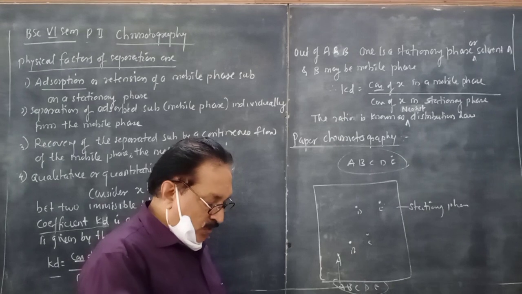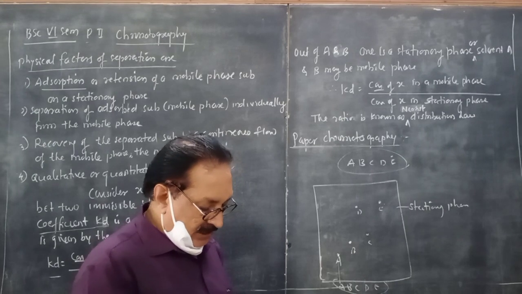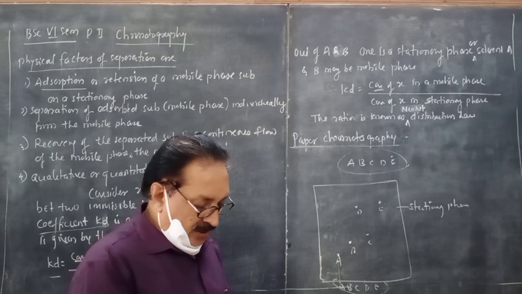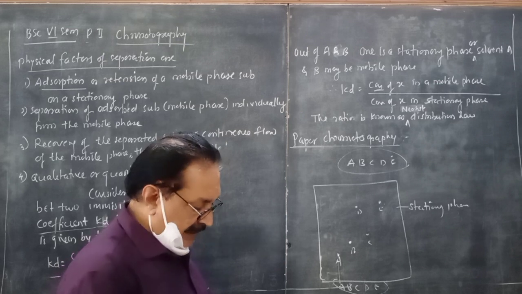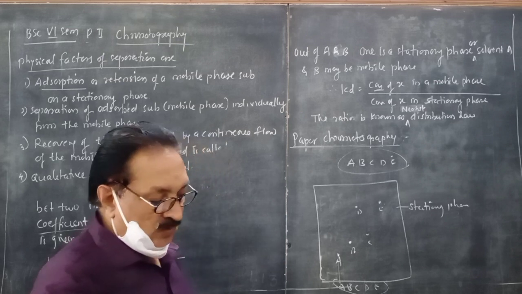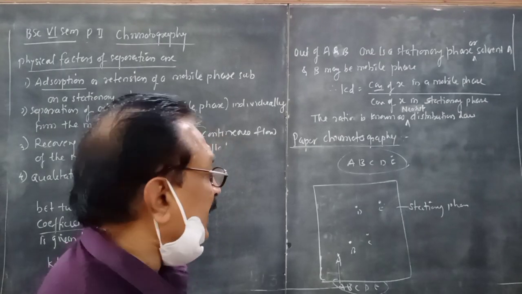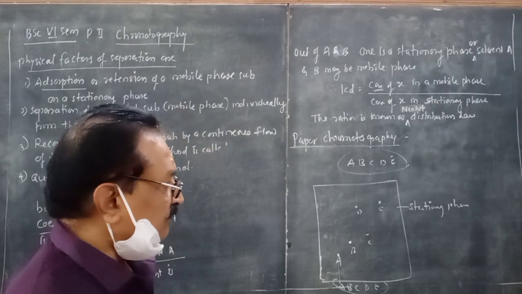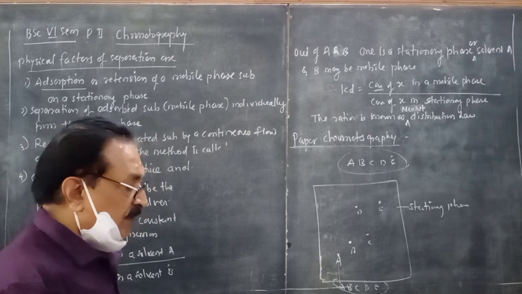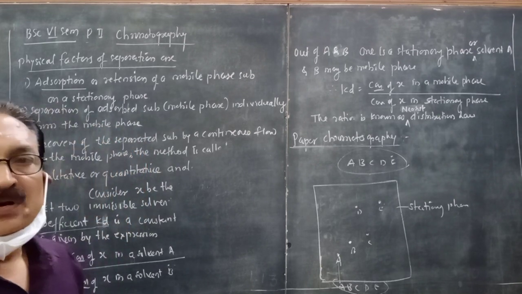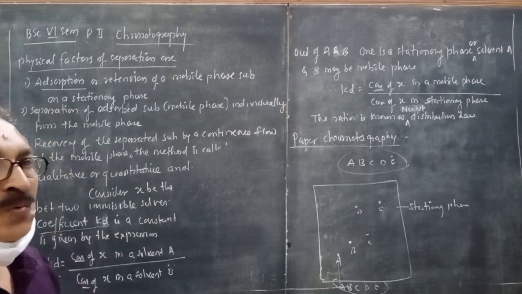Here, the lower the value of the partition coefficient, the more of the component will pass into the mobile phase and move at a higher speed. Based on this principle, the components are separated from one another.